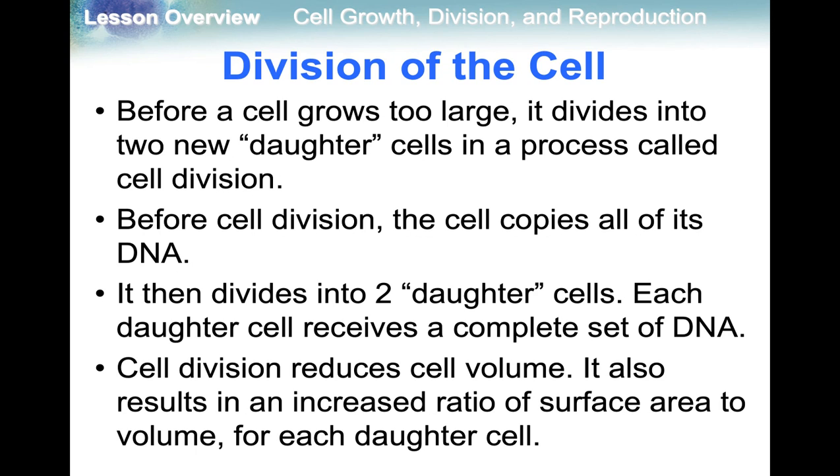After it has copied its DNA, it divides into those two daughter cells. The daughter cells have a complete set of DNA in each of them, and they are identical. What cell division does is it reduces the cell volume, but it also increases the ratio of the surface area to volume for each new daughter cell.